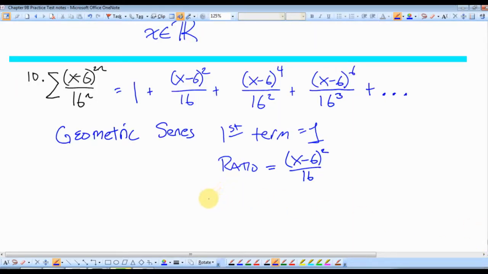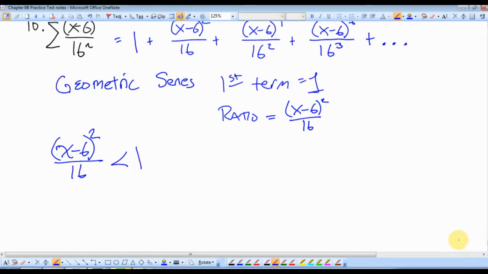So for convergence, the absolute value of that is less than 1. x minus 6 squared over 16 should be less than 1. Absolute values are not actually necessary since we have a square. x minus 6 squared should be less than 16.